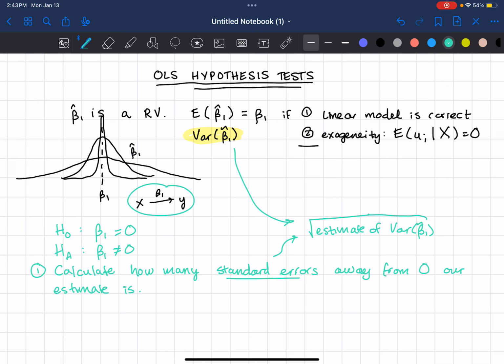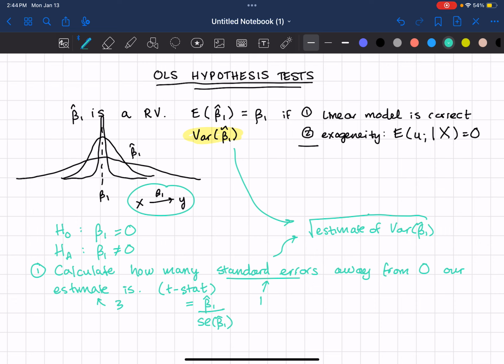So you're going to get this from the regression output, just like the estimate for beta 1 hat. So the first step in your hypothesis test is to calculate how many standard errors away from 0 our estimate is. If we get an estimate of 3, and if we get a standard error of 1, the formula, and by the way, this is called the test statistic, or the t-stat, is that the t-stat is equal to beta 1 hat divided by the standard error for beta 1 hat.